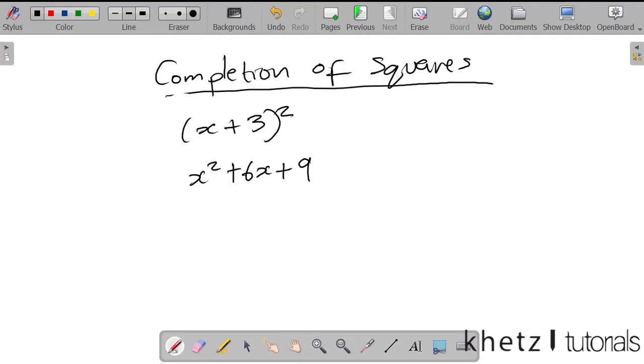Now, if we are only given x squared plus 6x and we are asked to complete the square, let's say this is a question and it said complete the square, right? What will you do?